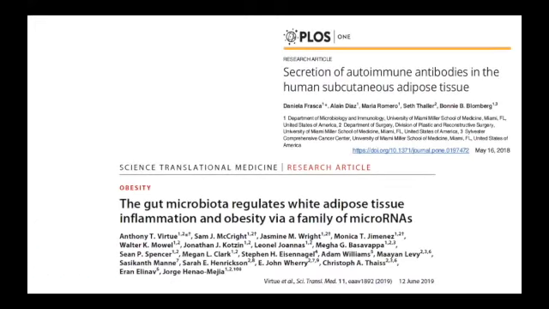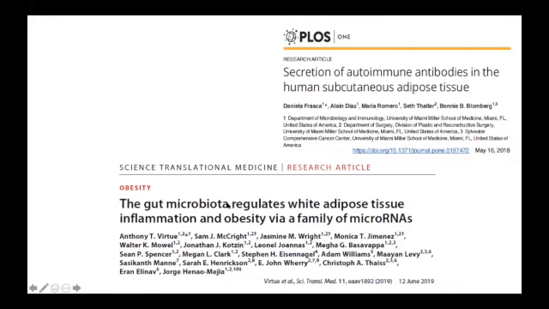And so this got me thinking about just the potential role of adipose tissue in autoimmune disease. And there's some evidence to suggest that there's secretion of autoimmune antibodies in human subcutaneous adipose tissue.